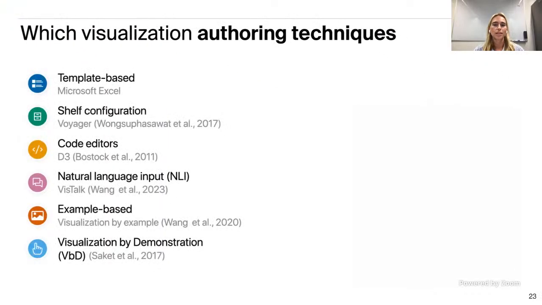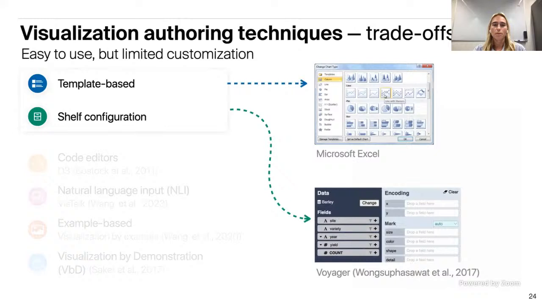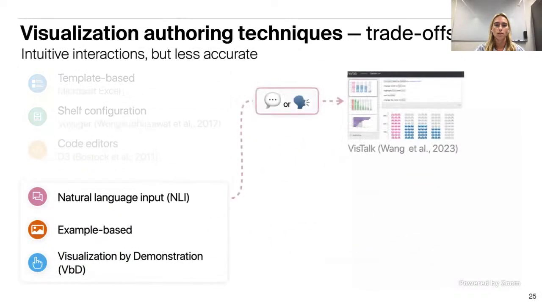So for the authoring techniques, we also reviewed work outside of genomics that studies various authoring interfaces. And typically these have trade-offs in the strengths and weaknesses. For example, in template-based techniques, users select from a predefined template to visualize, and in shelf configuration, users can use drag and drop interactions to bind data to visual encodings. And these are easy to use, but maybe are limited in creating highly custom visualizations. Then natural language interfaces take user prompt as natural language for input.